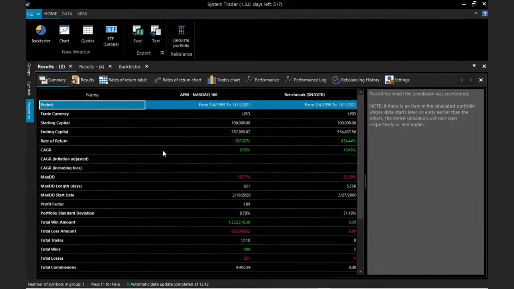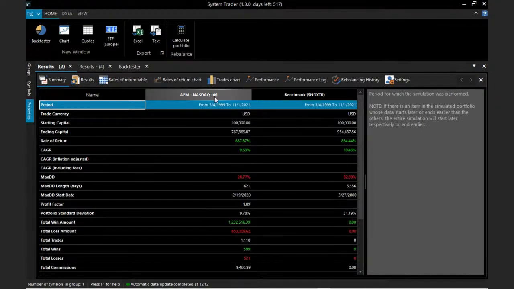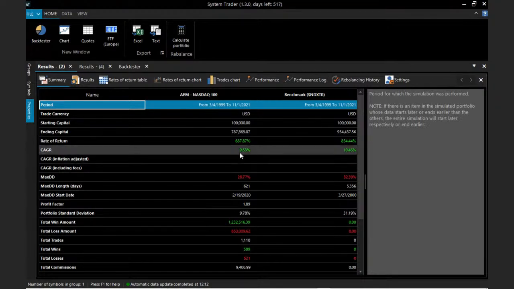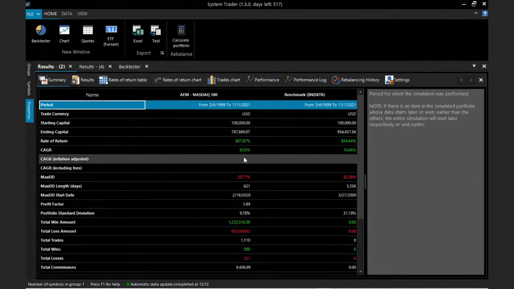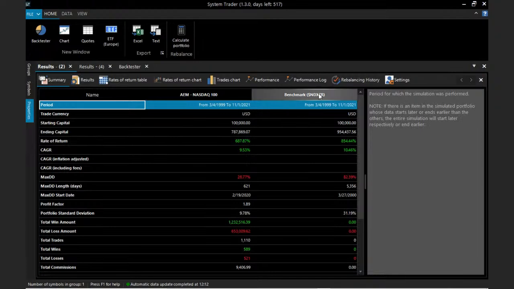But if you would like to be more conservative, and this is a great advantage of that strategy, then you can put less risk in your portfolio. And again, we have Nasdaq 100 here, but look, the compounded annual growth rate is lower than the benchmark. So you could say that we were beaten by the market. Well, yes, by almost 1 percentage point, the compounded annual growth rate was lower in our strategy than on Nasdaq.